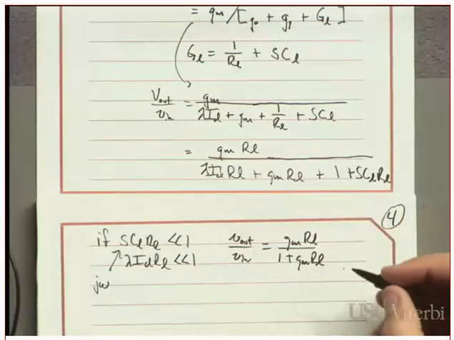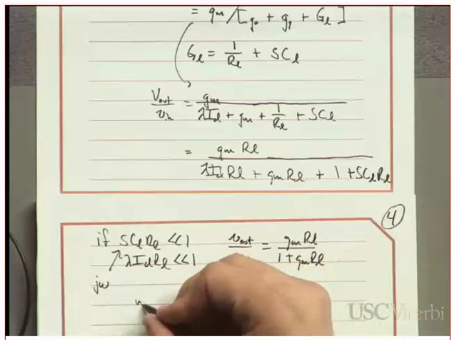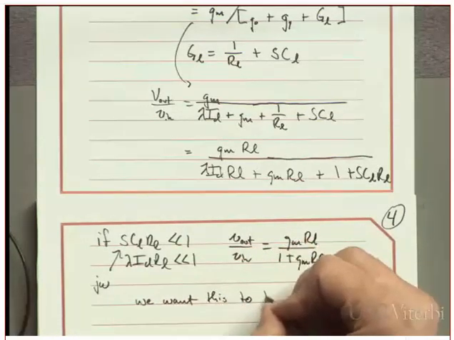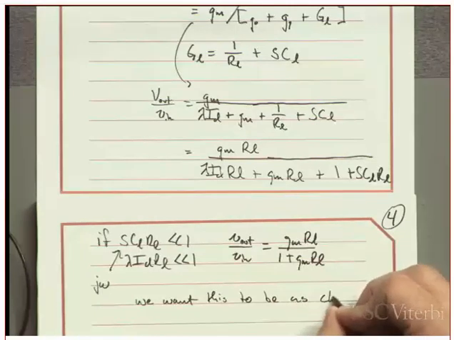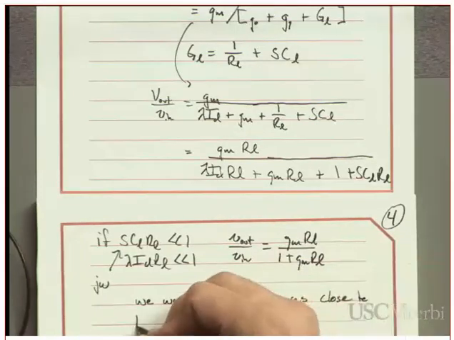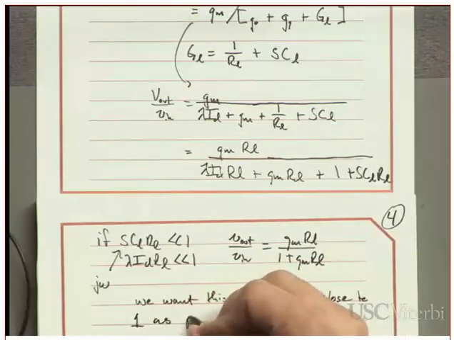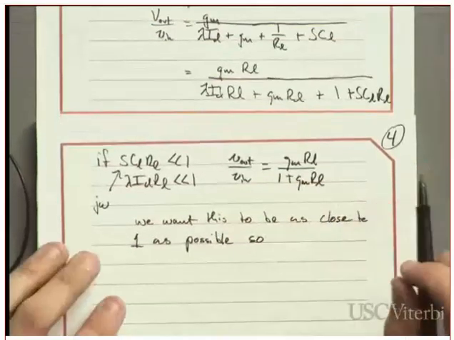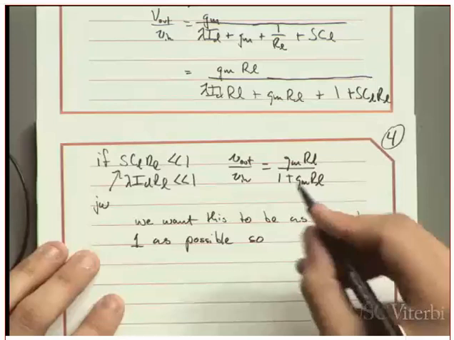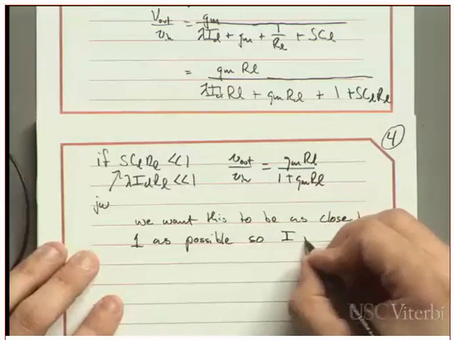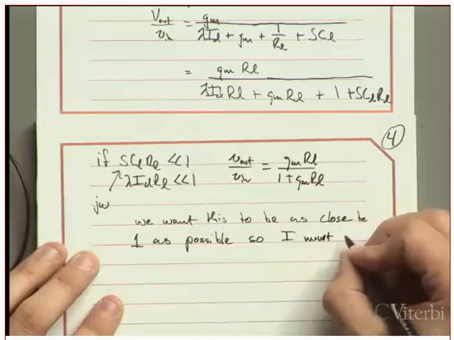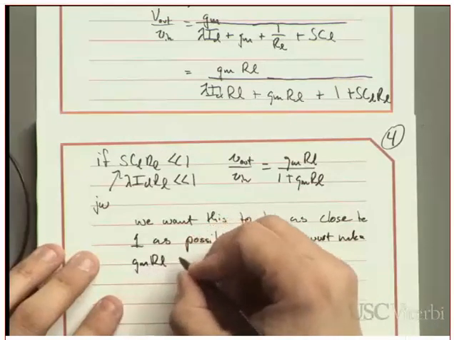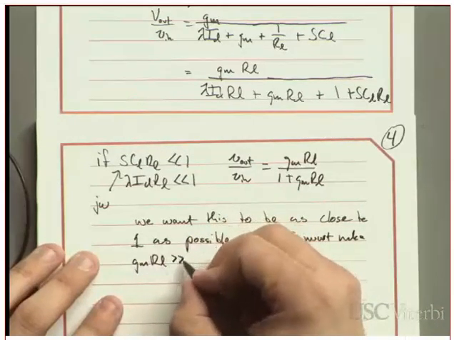So we want this to be as close to 1 as possible. So I must make gm RL much, much greater than 1.